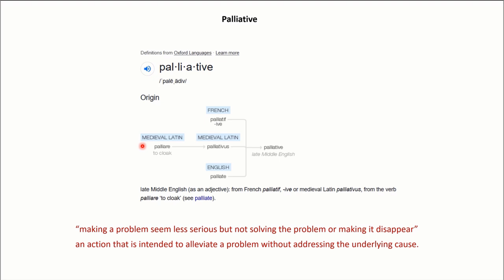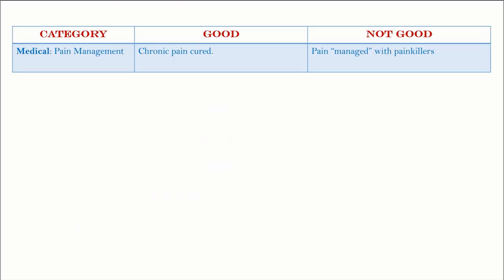And we will begin by looking at some examples of good and bad management in medicine. In pain management, we have palliative care, where pain is not exactly cured but managed with painkillers.